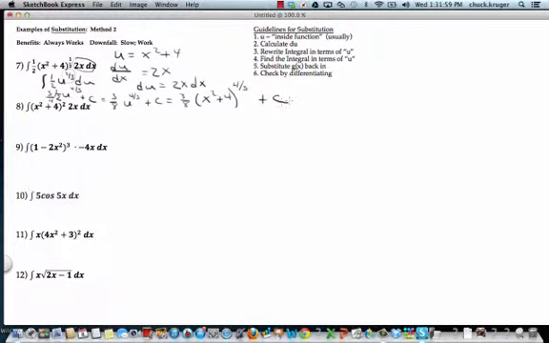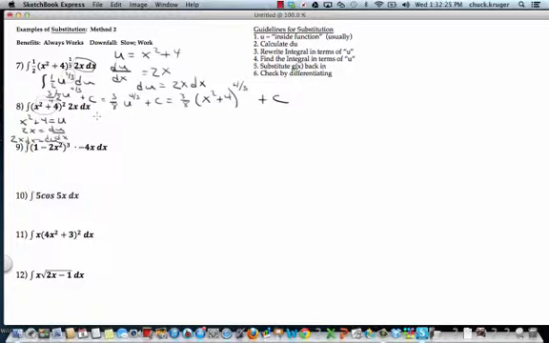Alright, so I'm going to do the same thing here. Again, here's what's inside my parentheses. So I have x squared plus 4 is equal to u. 2x equals du dx. That means 2x dx equals du.